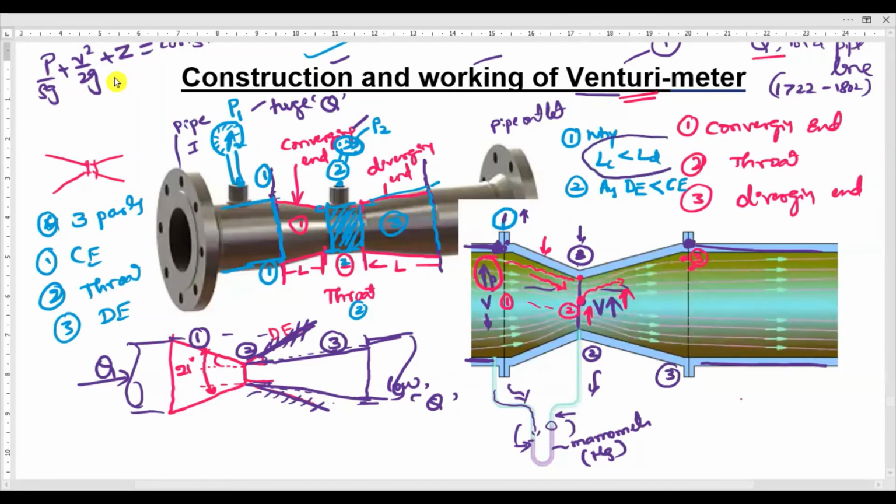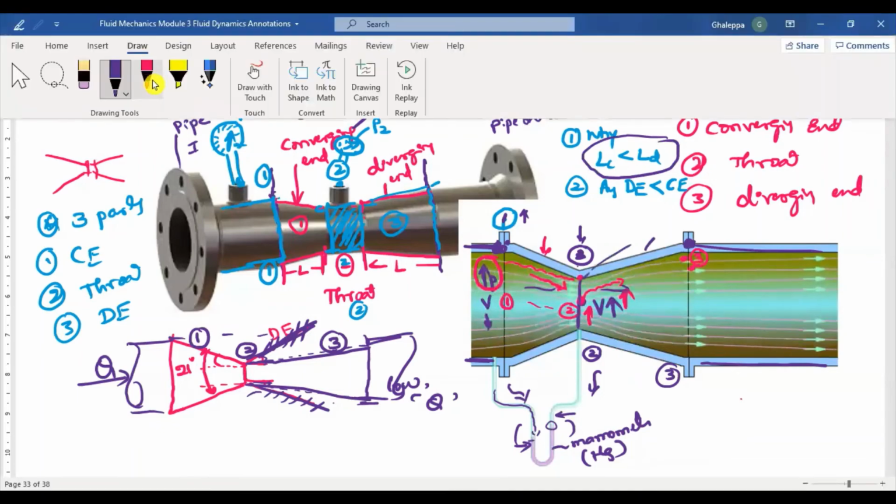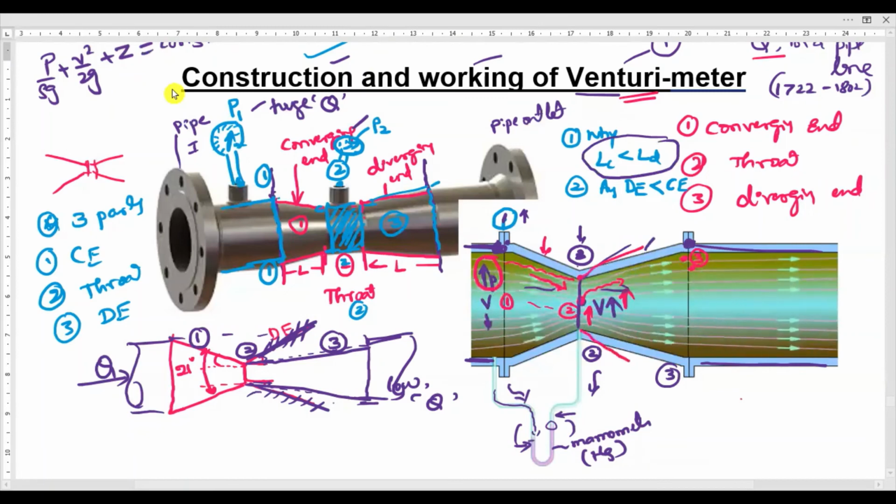Another point for taking the length of the diverging end to be more. The reason is, just assume you take a larger angle, more angle. When the fluid is flowing through this corner, eddy formation will take place at both ends.